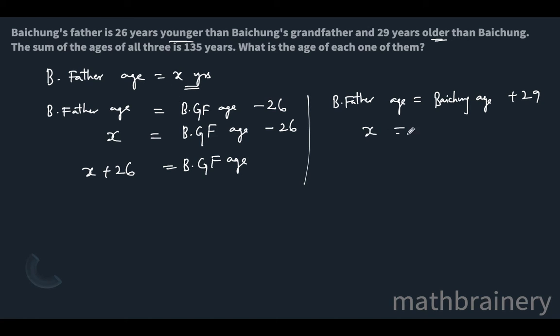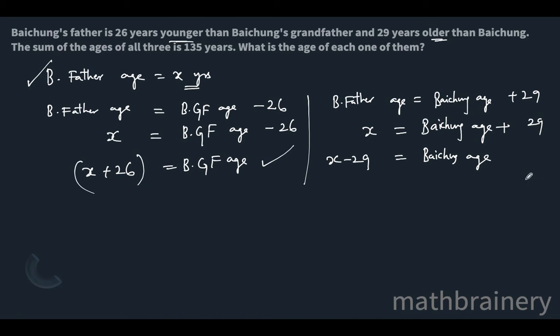So, this x must be this Baichung's age plus 29. Let's transpose 29 to the other side. You get x minus 29 as Baichung's age. So, now we have Baichung's father's age as x years, Baichung's grandfather's age as x plus 26 years, and Baichung's age as x minus 29 years.